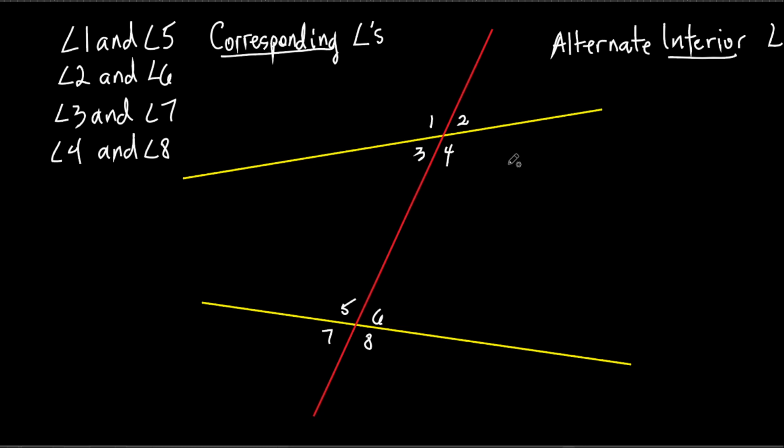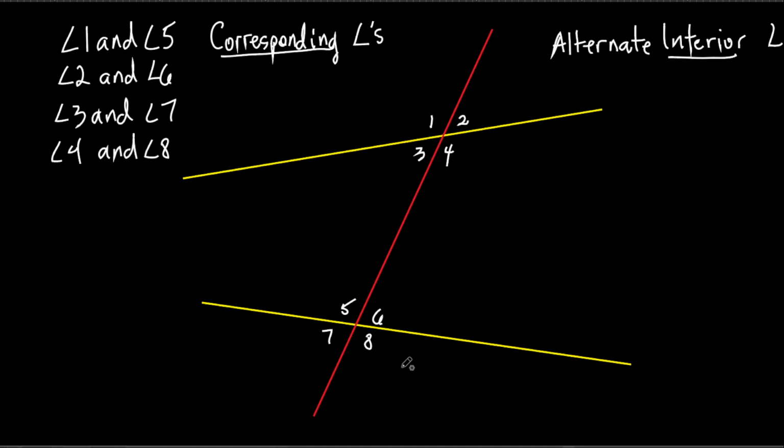The interior means it's between these 2 yellow lines, okay? So there's 4 angles that are in between, inside, those 2 yellow lines. What would the 4 angles be? That's it. 3, 4, 5, and 6. Everybody see that? So if you got those two yellow lines, what angles are in between, inside of those two lines? 3, 4, 5, and 6 are.